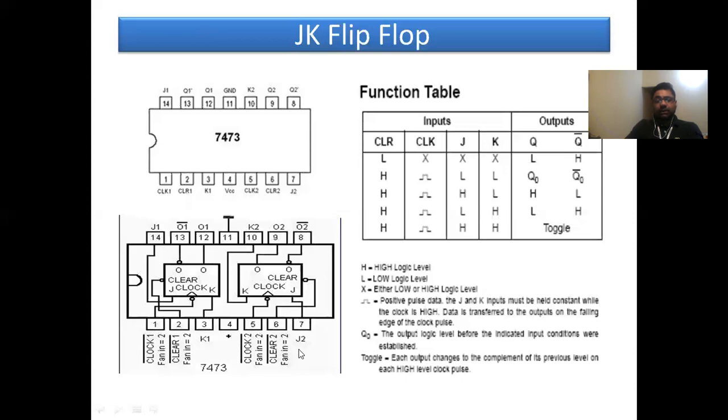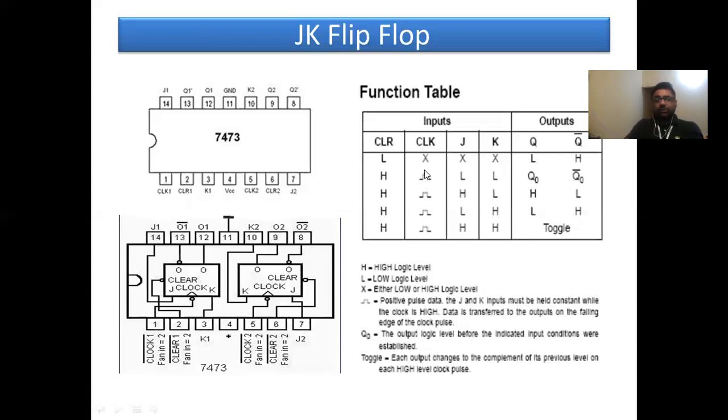Then you have clear 2, which is the asynchronous input for the second JK flip-flop. And then you have J2. Then from this side, Q2 bar, the complemented output, then Q2, then K2, then this is the ground, then this is your Q1, this is your Q1 bar, this is your J1. So these are the different pins of your IC 7473.